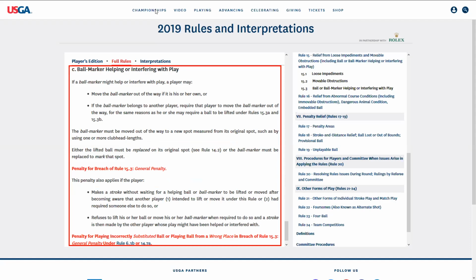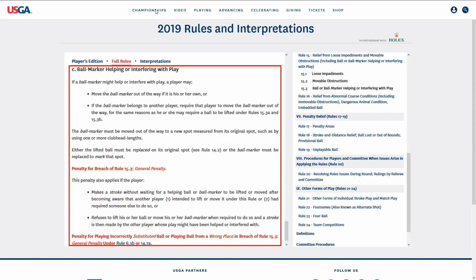Penalty, 15.3 is the general penalty. And this is where the penalty really bites, in these next two paragraphs. This penalty also applies if the player makes a stroke without waiting for a helping ball or a ball marker to be lifted or moved after becoming aware that another player intends to lift or move the ball, or has required someone else to do it.